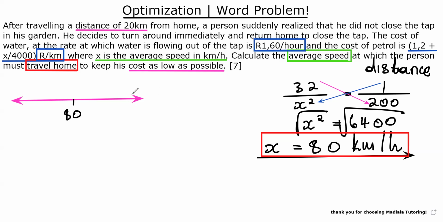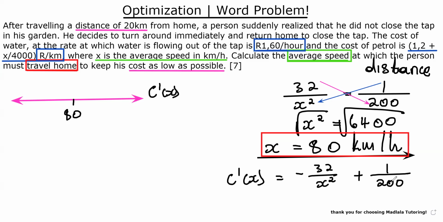So what we need to do here is to observe the behavior of the derivative of this cost function, all right? And we remember that the derivative of the cost function is actually negative 32 over x squared, and then we say plus 1 over 200. That's fine.